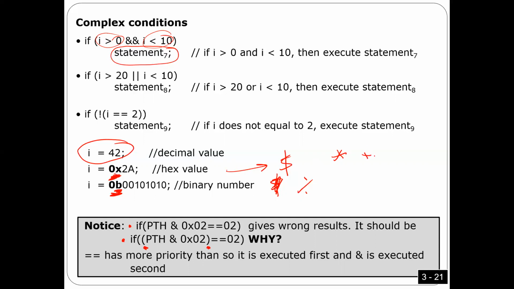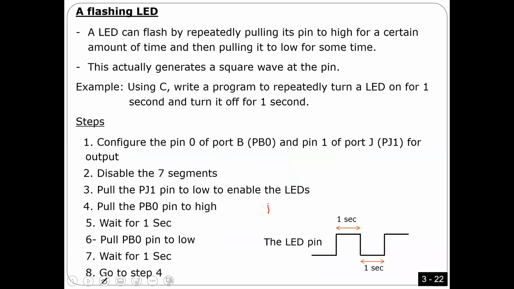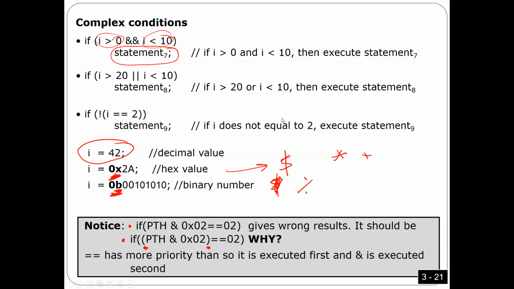So if you look here, guys, in C language, this equal here has more priority than this AND. So this instruction is going to do this operation first. This is number 1. So it's going to do this part first.